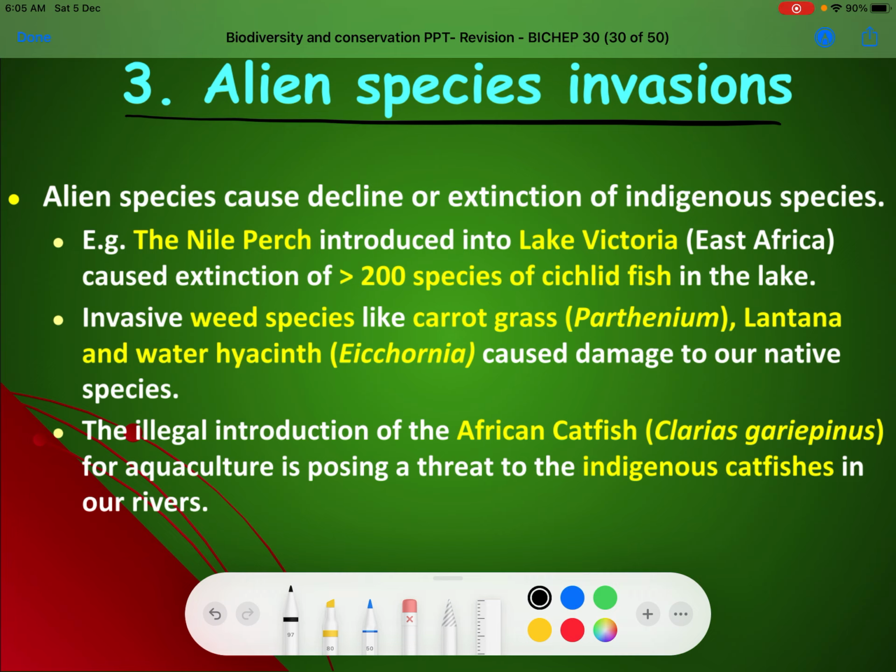Ready? Let us define first. So, alien species cause decline or extinction of the indigenous, that is local species. The best example we can see around us is the babool tree, right?